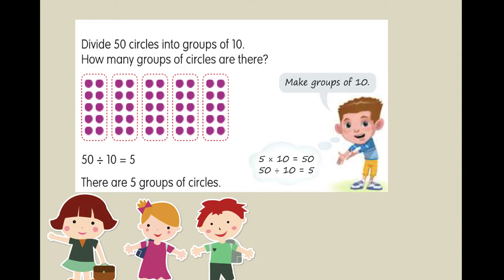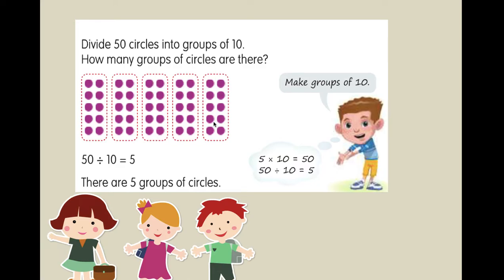And now the next step is we are going to divide these 50 circles among 10 children. We are going to share these 50 circles among 10 children. In that case, when we are dividing or sharing, we are going to write this division number sentence, that is 50 circles divided into the groups of 10.